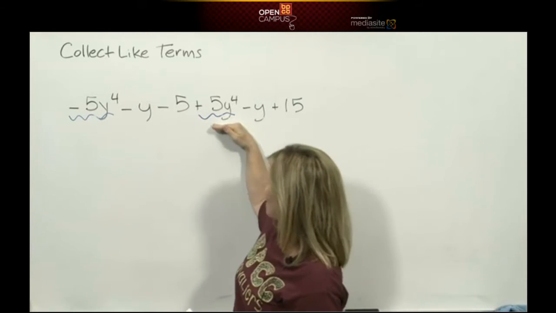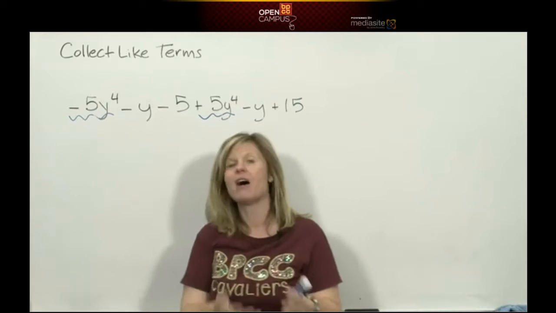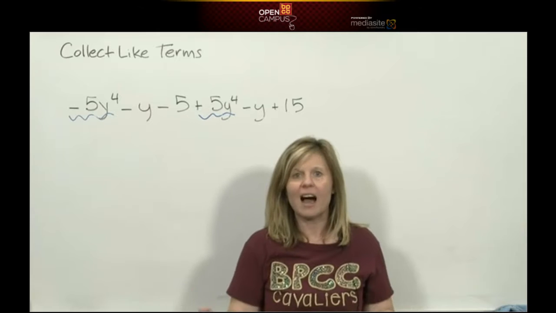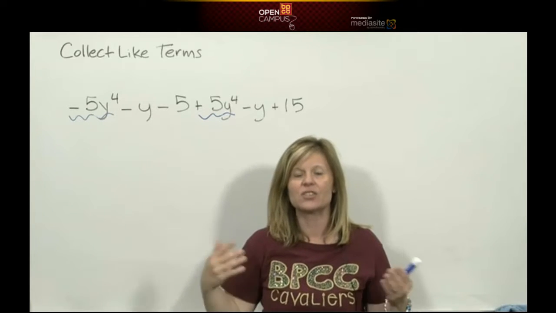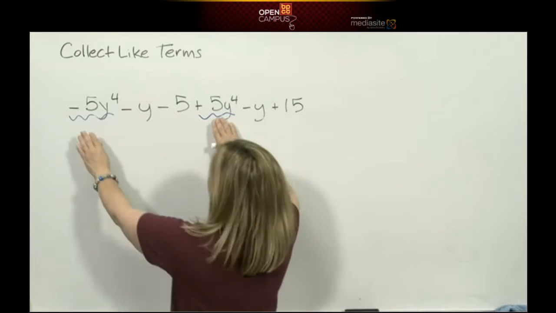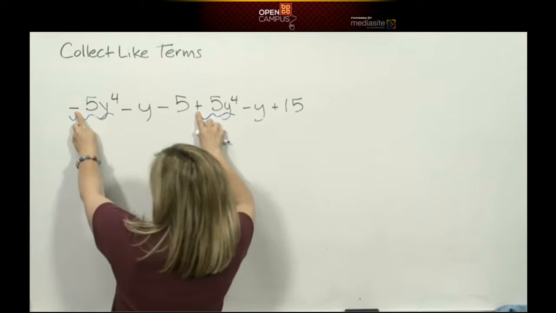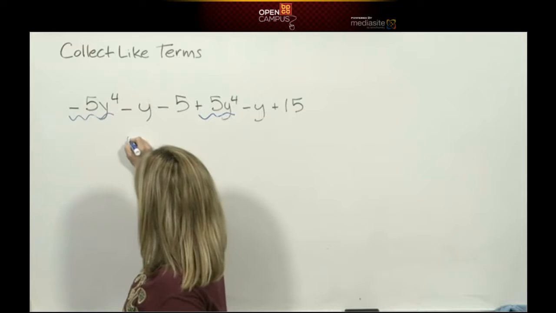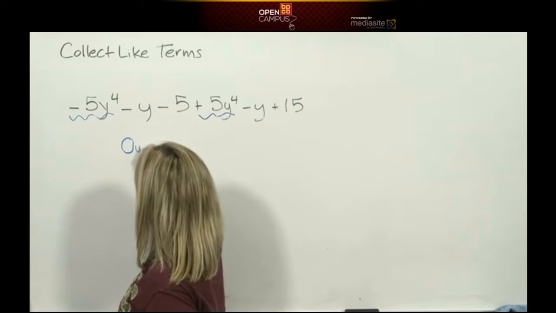Or if I have 5 and then I take away 5, I'm evened out. We all know from basic arithmetic, 5 plus a negative 5 is 0. So we're going to put these terms together by subtraction because the signs are different. A minus 5 and a positive 5 would make a 0. So I have 0 y to the fourth.